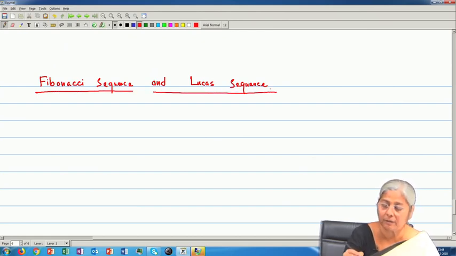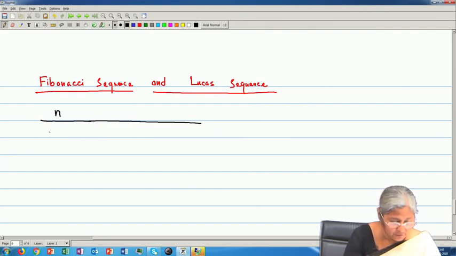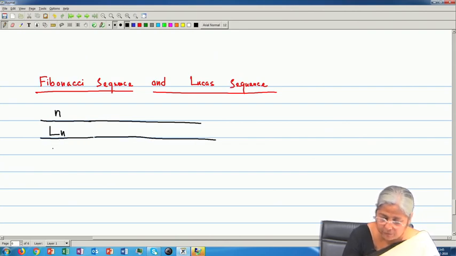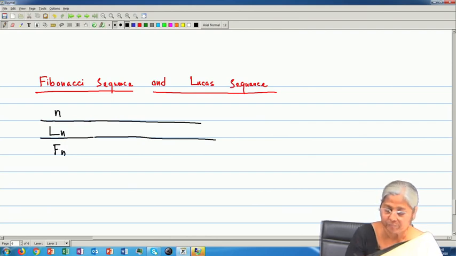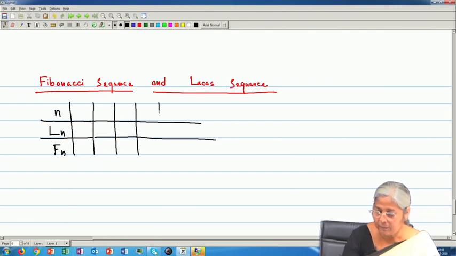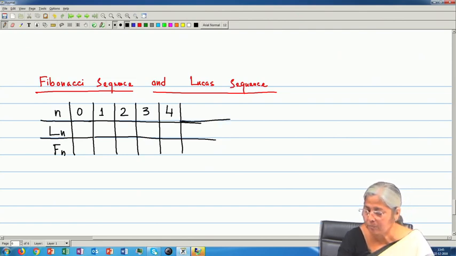We put n, L n and F n, and we see the different values for n equal to 0, 1, 2, 3, 4, and some more values 5, 6, 7.